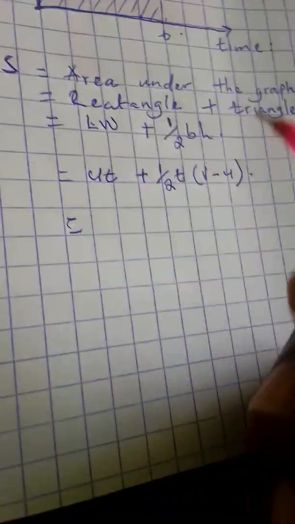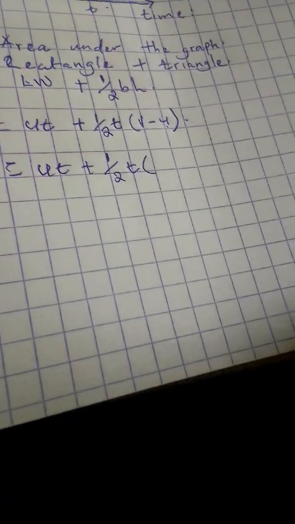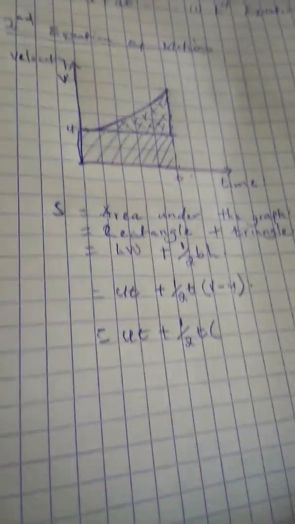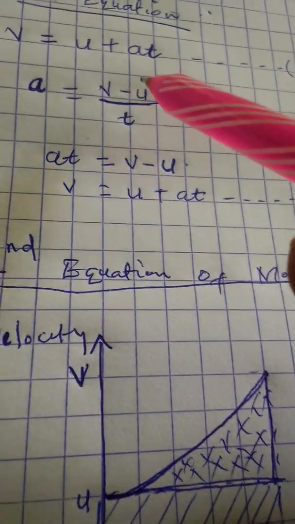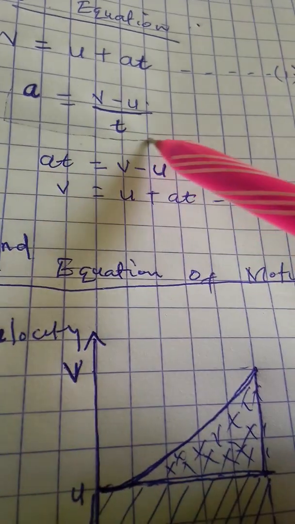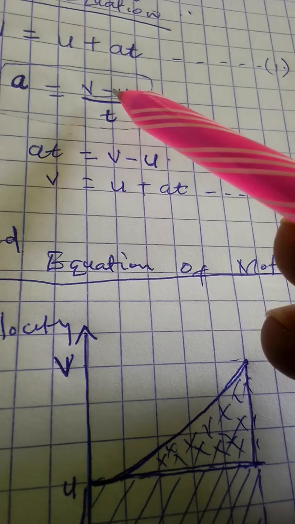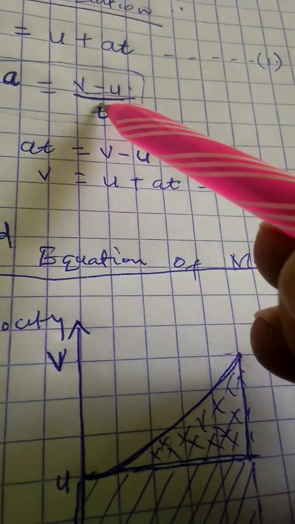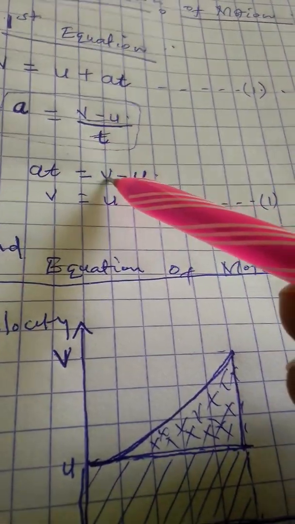When we manipulate this, we have ut plus a half t. What is v minus u? Let us go back to the first equation. As we were manipulating the acceleration formula of the change in velocity to t, we got that at is equal to v minus u.